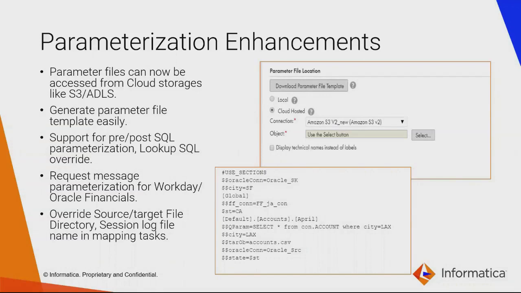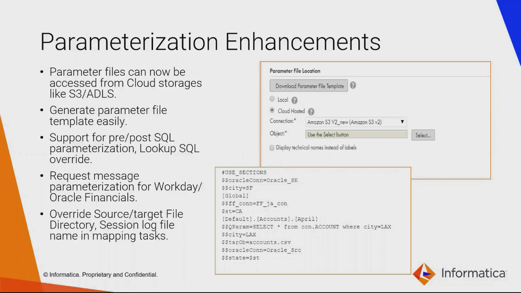You can now have the parameter file stored in cloud storage. It doesn't have to be on the agent or in your local network anymore. And we will access these parameter files using your cloud connections like S3 or ADLS.